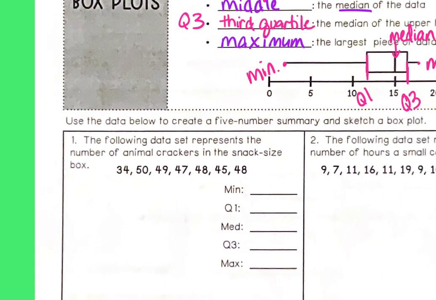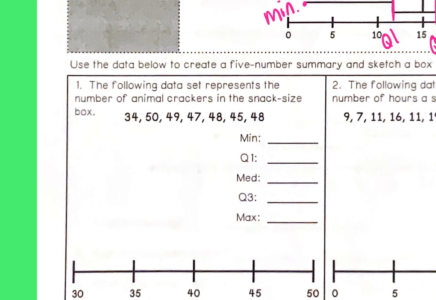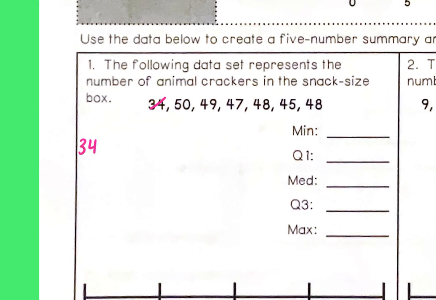greatest. Okay, so it says the following set of data represents the number of animal crackers in the snack size box. So you'll notice that many of the numbers are very close together. The first thing you need to do is put them in order from least to greatest. So I got 34. Okay, then I have 45.